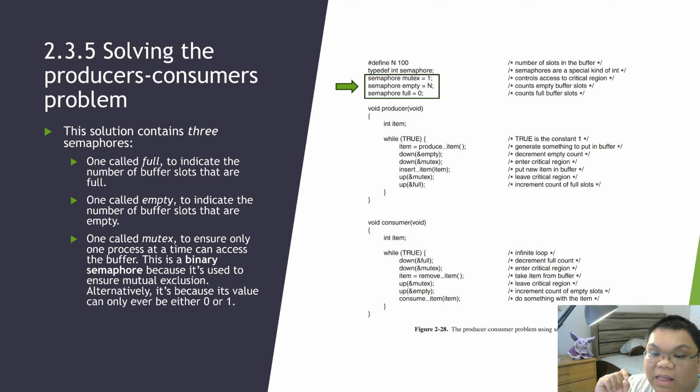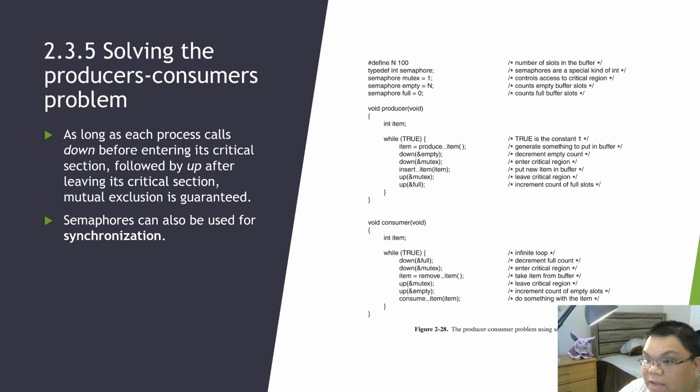Because remember, only one process is allowed in its critical section at a time. As long as each process calls down before entering its critical section, followed by up after leaving its critical section, we can guarantee mutual exclusion. When we use semaphores like this, we are using them for synchronization.